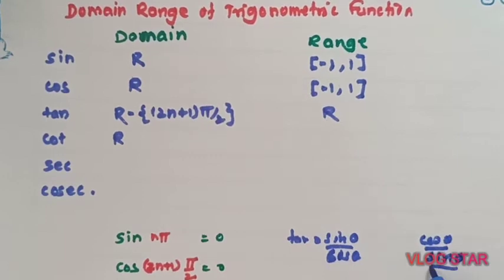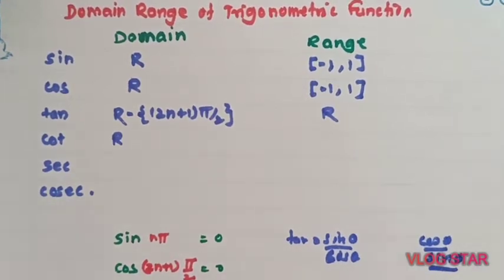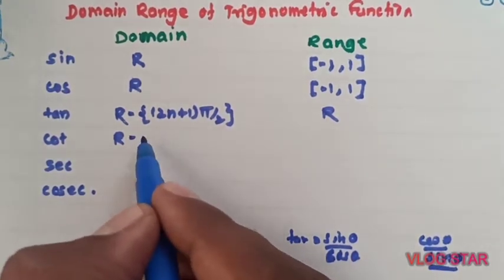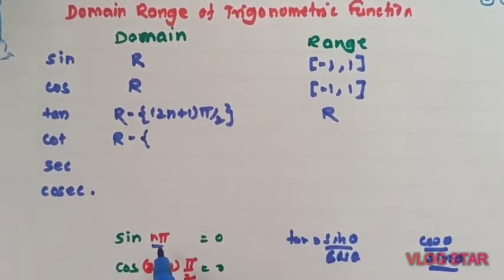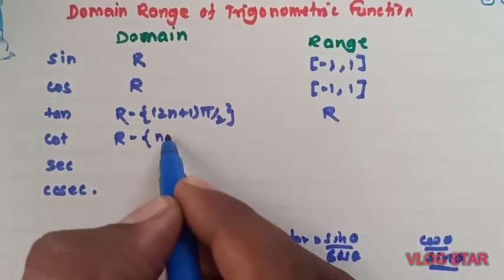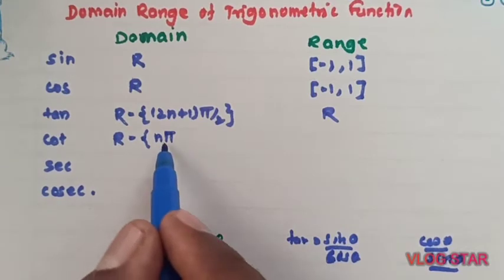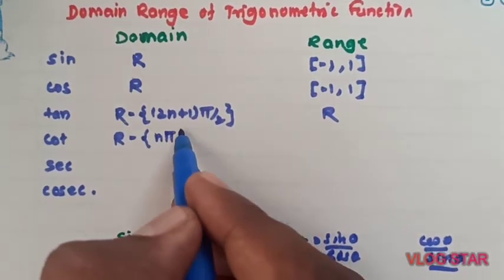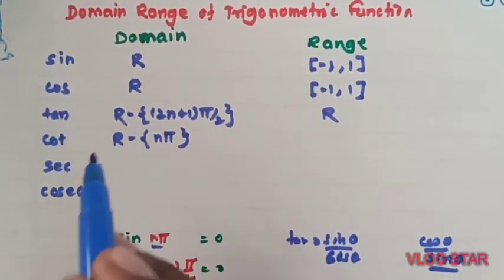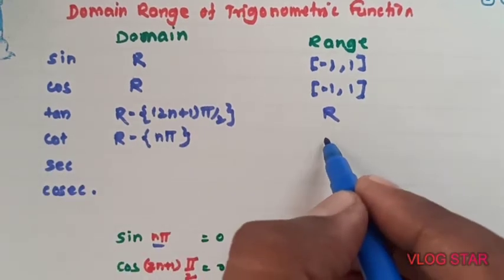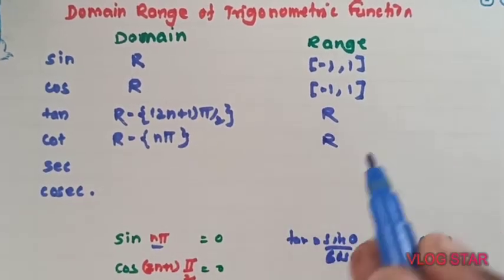Cos by sine means whenever sine is 0, that time cot is not defined, and sine is 0 for n pi. So we will exclude those n pi, all the multiples of pi, from R. Now cot is defined and its range is also the entire R.